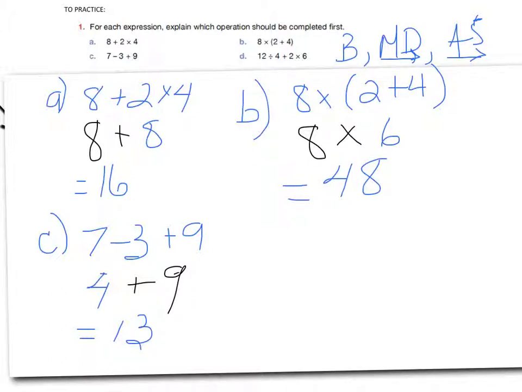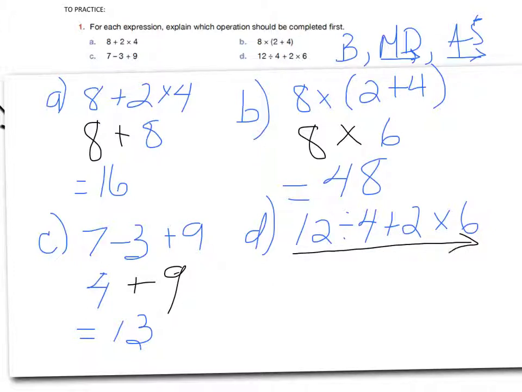Last one. Let's take a look. 12 divided by 4 plus 2 times 6. Oh gosh, we have a lot going on here. So let's take a look. Brackets. No brackets. Okay. Multiplying and dividing left to right. Well, I have dividing over here and multiplying over here. I know I have to go from left to right.